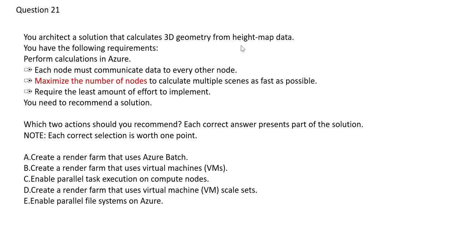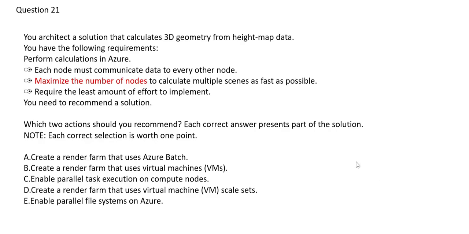So we will look at first what is a height map data. Height map data is usually a raster image. It is also called height field data. Okay, so it has all specifics of that image.